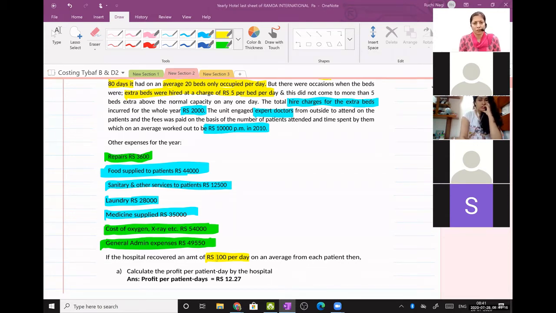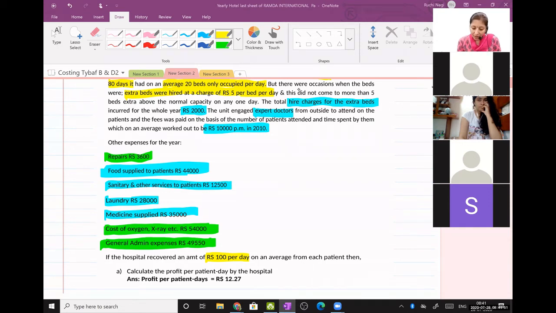Is it that if your common cold is very light, he will charge only 30 rupees, and someone who has a severe common cold, he will charge 100 rupees? Do they charge you like this? No. They charge you on the basis of per patient day. So even if your common cold is a light one, he will charge you 100 rupees. Even if someone's common cold is severe, he will charge him also 100 rupees. Is that clear? Okay. So what is this 100 rupees? Now tell me that.